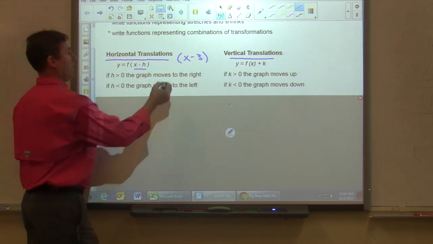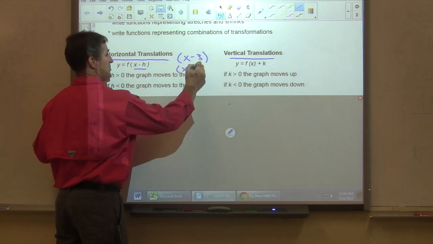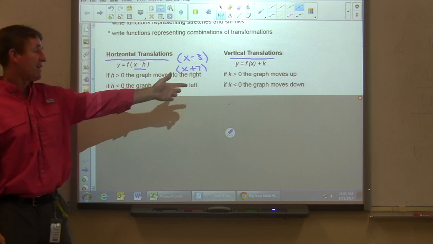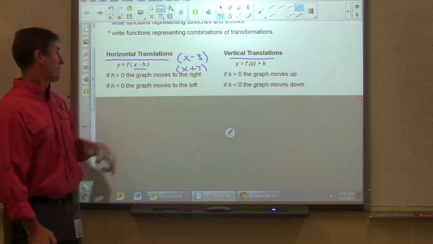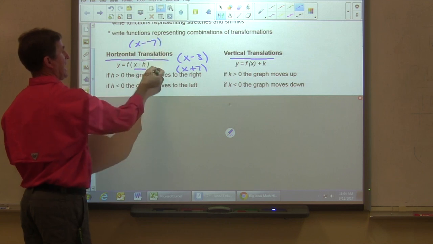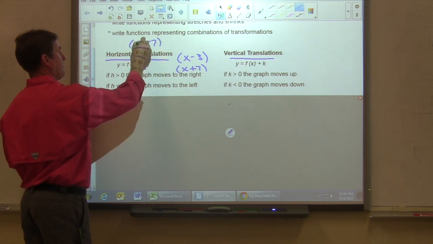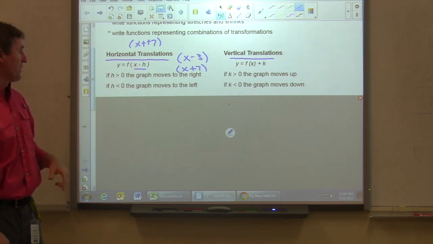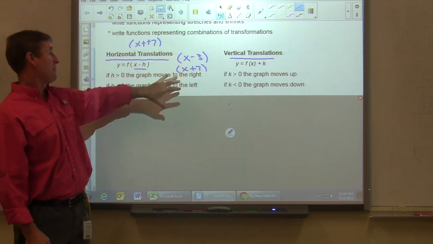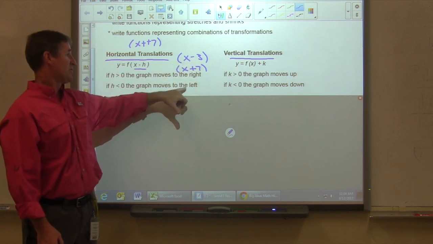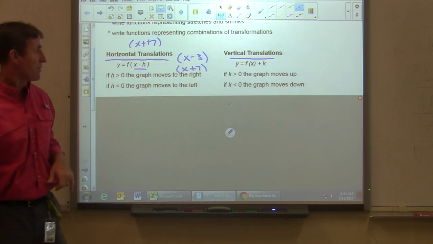And then if it's x plus 7, that would be 7 to the left because h would have to be negative 7 to get x plus 7. Because if you write this, it'd be x minus a negative 7, which, remember, change both signs, and it becomes x plus 7. So that's the biggest mistake people make, it's always opposite what it says. So this one would be 3 to the right, and this one would be 7 to the left.